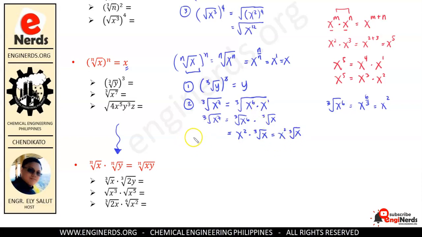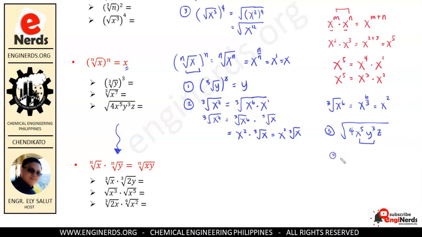Okay? And then for our third problem here, we have the square root of 4 x to the 5th y cubed z. So, we know that we have an index of 2 right here because this is a square root. So, gagawin uli natin itong ginawa natin because these two variables have an exponent greater than our index.